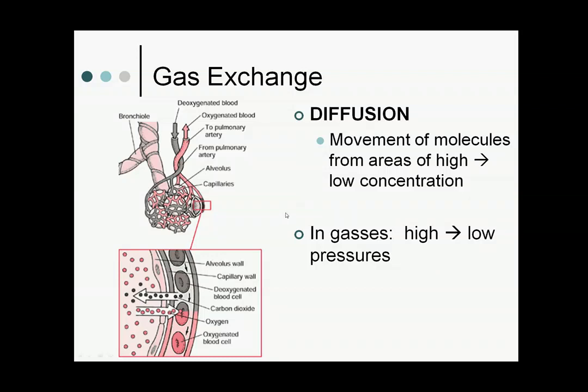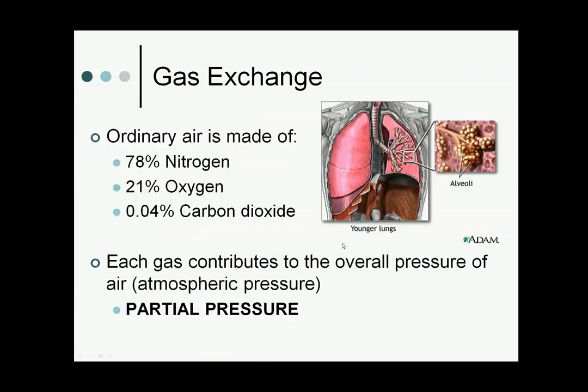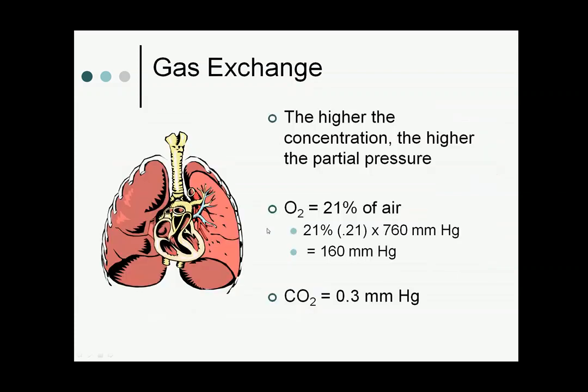Diffusion, and basically the cause for gases to move, is because of the difference in pressure: gas pressure, atmospheric pressure, partial pressure, which is mentioned a lot in these animations. Partial pressure is basically the way of describing the overall pressure of air, most importantly oxygen and carbon dioxide in the lungs and capillaries.